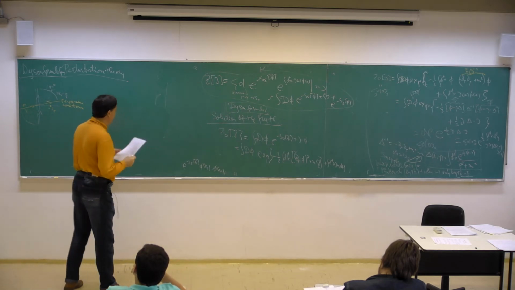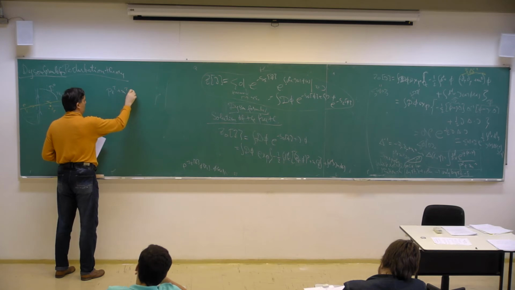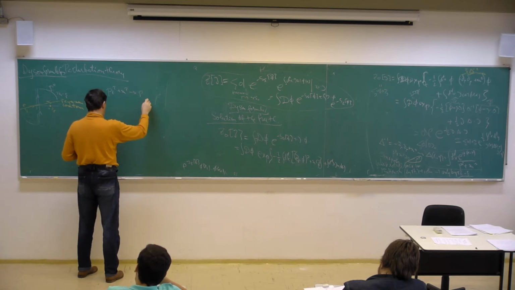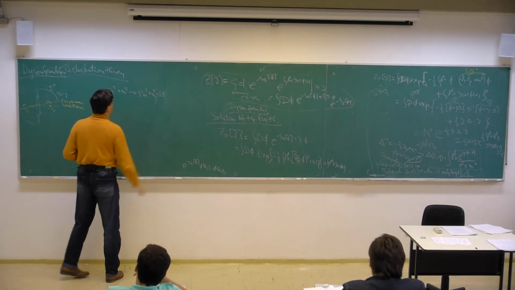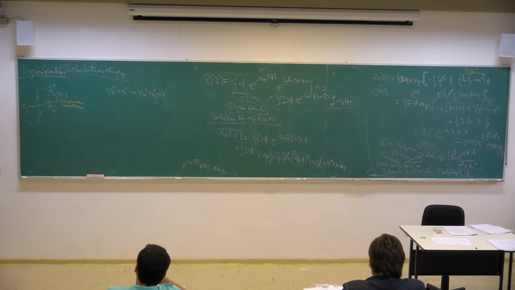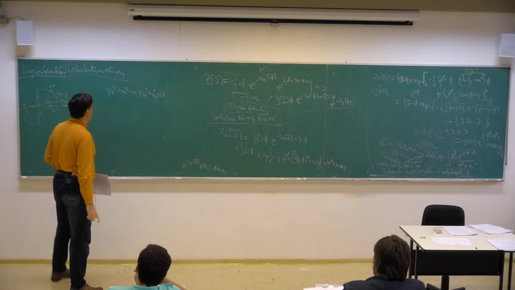All right. So by doing this, we obtain that p_E squared plus m squared becomes p_M squared plus m squared minus i epsilon.